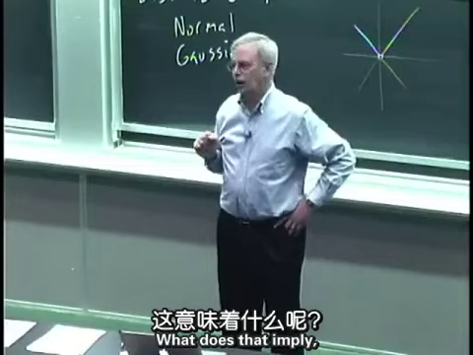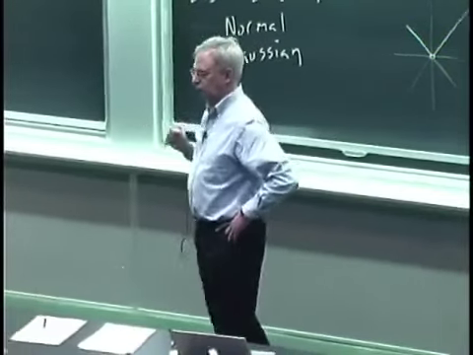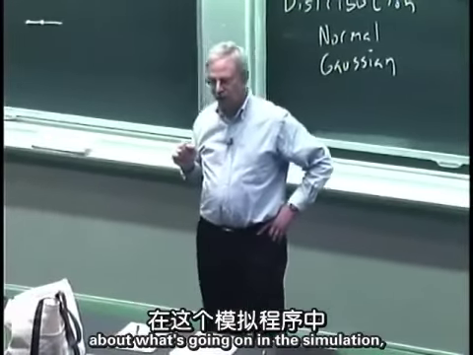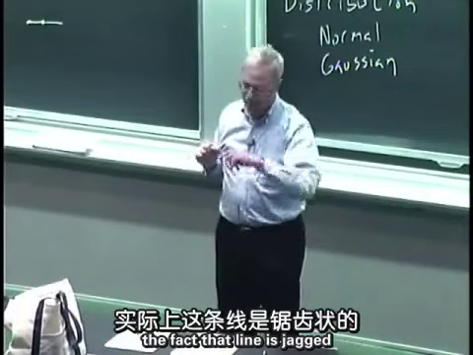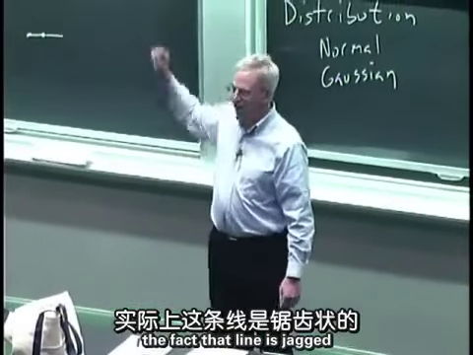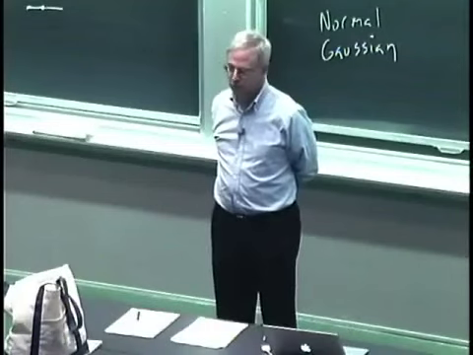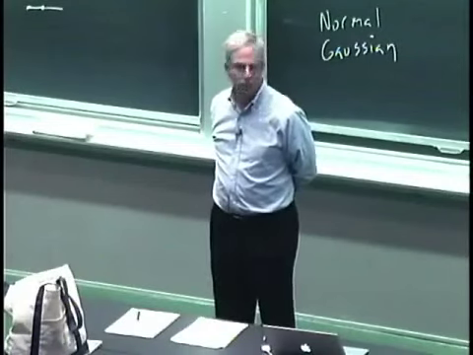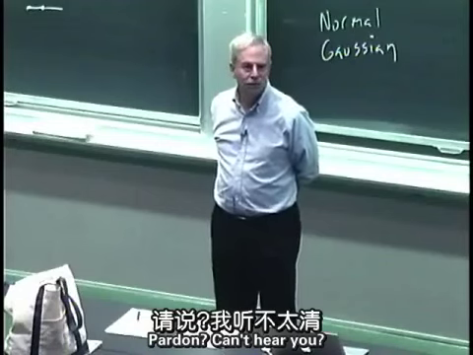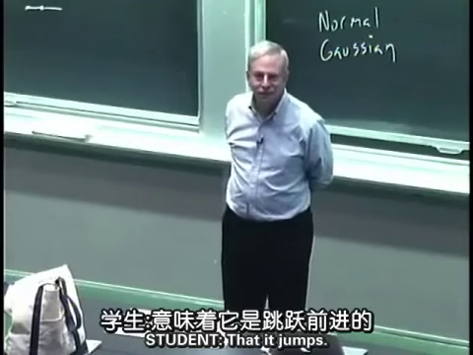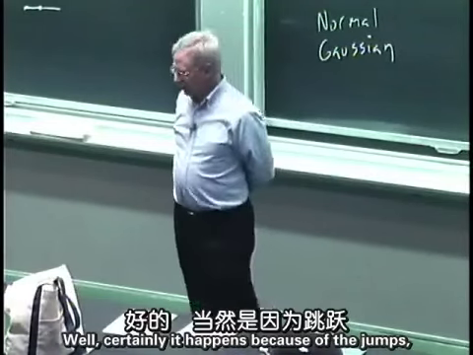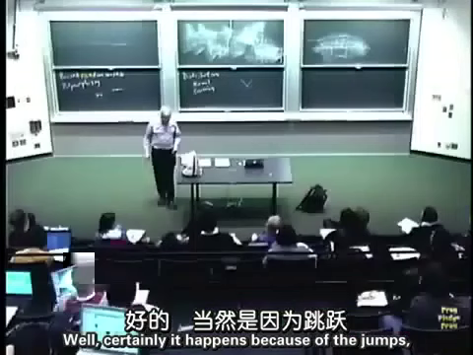What does that imply about what's going on in the simulation? The fact that that line is jagged rather than smooth as it was before. Pardon? Can't hear you. Go ahead. Better jumps. Well, certainly it happens because of the jumps.